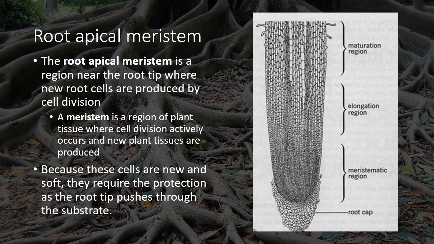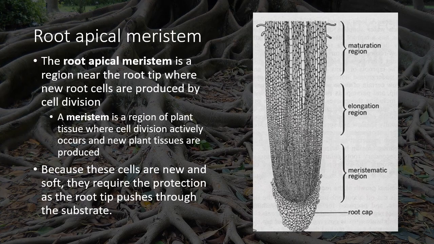They're duplicating their DNA, duplicating all of their organelles, and just pinching in half and making new cells. Because the root apical meristem is composed of this soft, rapidly dividing tissue, it requires some protection as it pushes through the substrate.